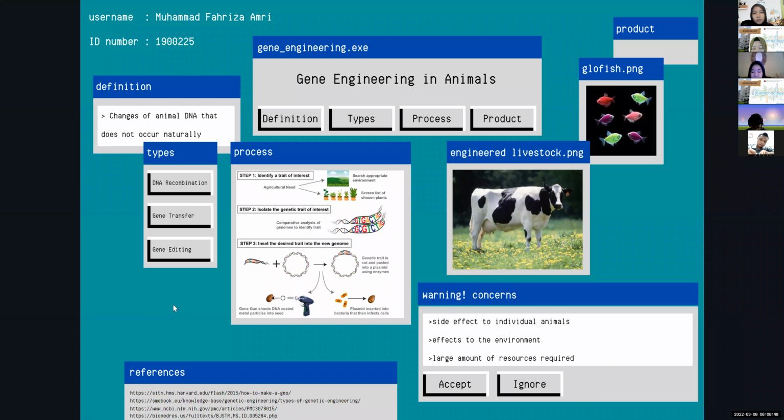We are talking about things like global warming, and because there are a lot of factories, animals come out from the forest going to the village or the town because the forest is not stable anymore. So can we use genetic engineering to make animals more durable to the conditions of the future? That's my question.